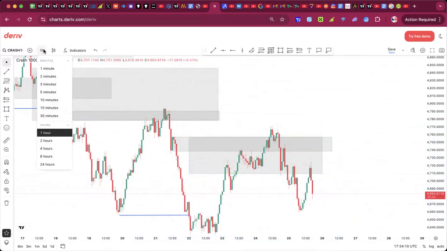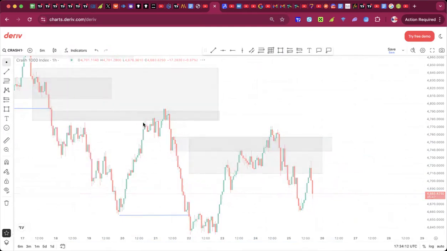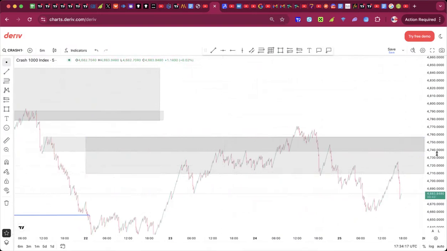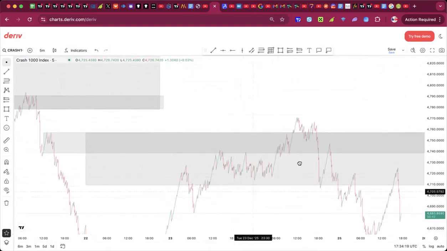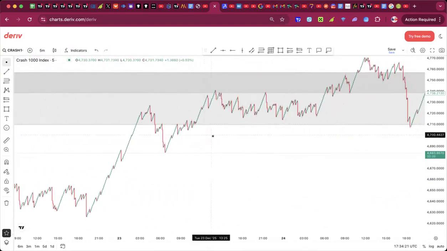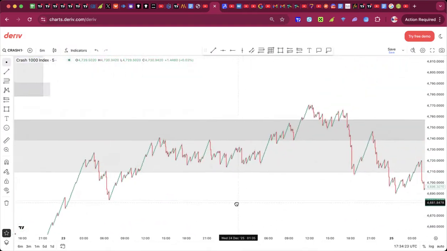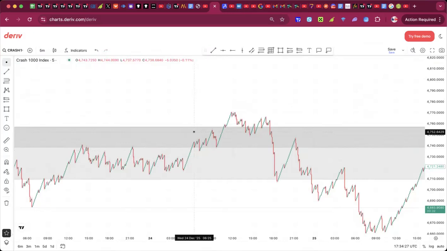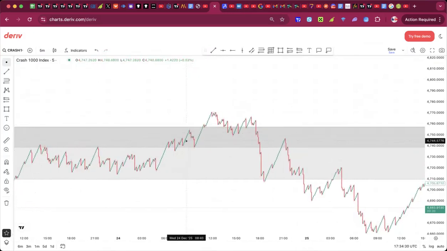So if you go back to 5 minutes, so liquidity. So if you come here and you measure, you probably wouldn't find an entry.